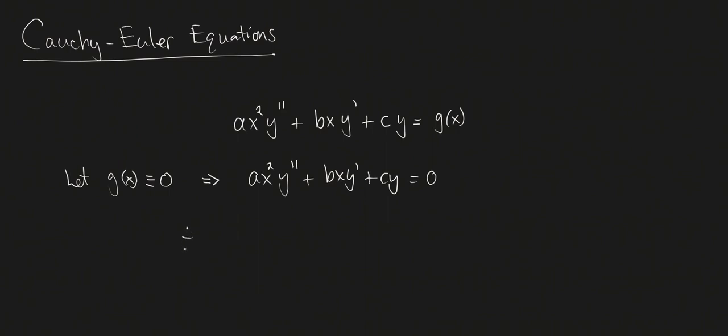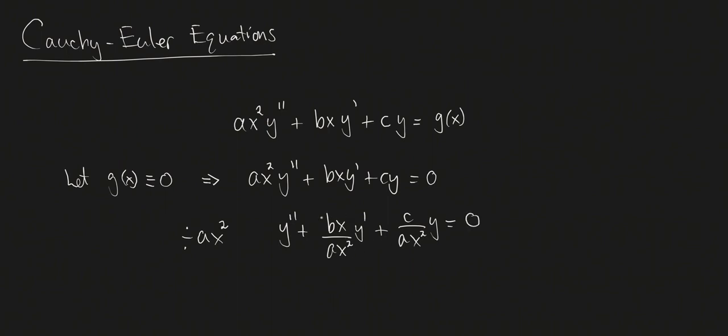So if we divide through by ax squared, then I will get y double prime plus bx over ax squared times y prime plus c over ax squared times y, and then I'll still have a 0 on this side, right?